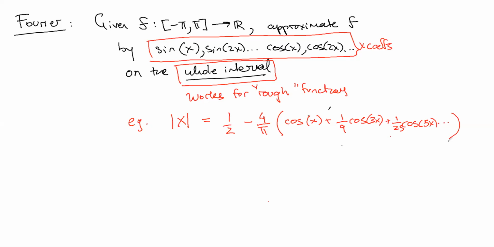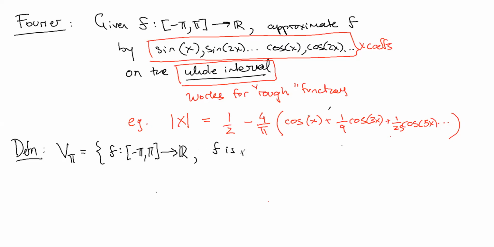Let's define the inner product. I'm going to define a vector space V to be the set of functions from minus pi to pi to R with two conditions, which are a little bit technical. You'll see what they mean, but I won't explain why they come into the proof. So all functions so that f is piecewise continuous.